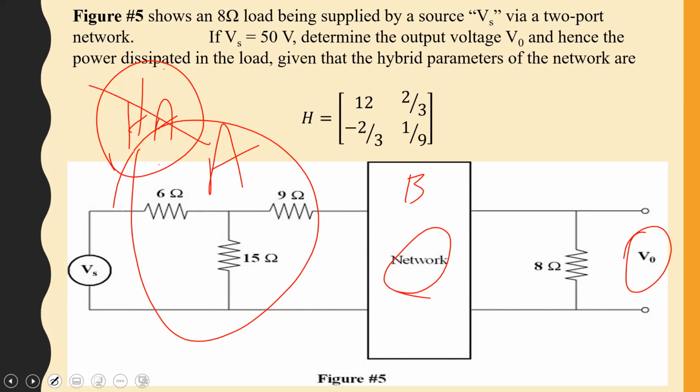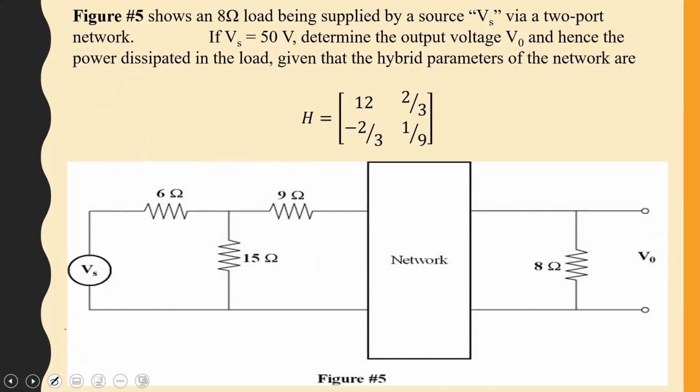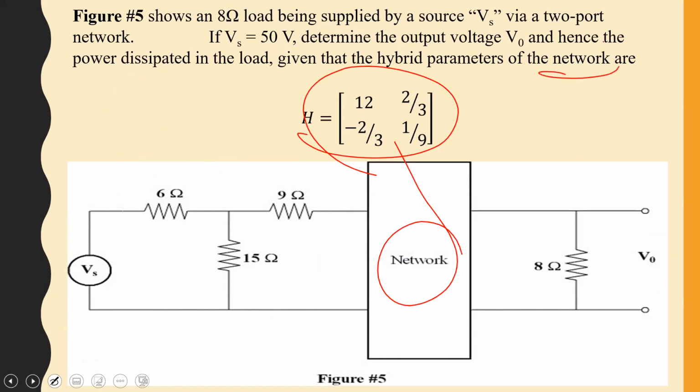There is absolutely no need to find the hybrid parameters. As a matter of fact, all that will do is increase the amount of time you sit in the exam, spinning on wheels. You have the H parameter for the network, as it says here, the parameters for the network. And see the big word here, network.